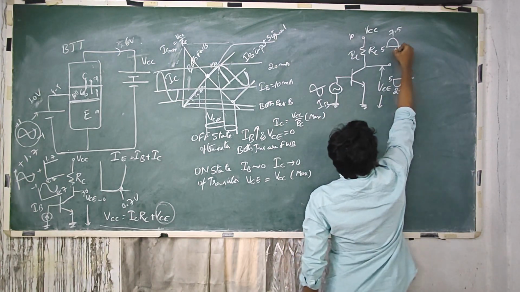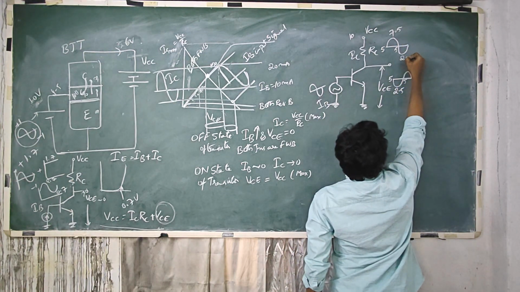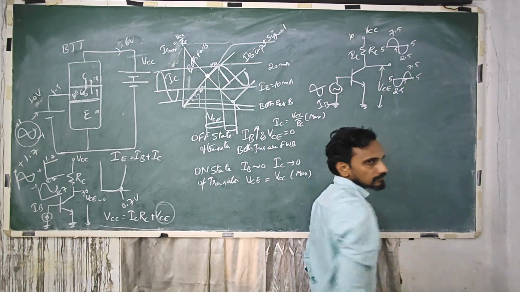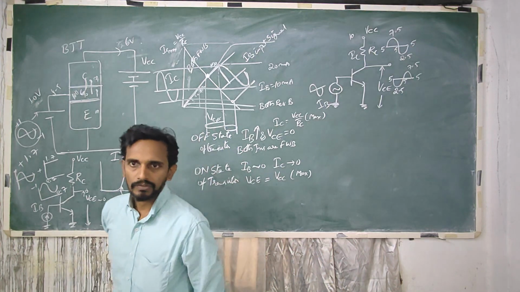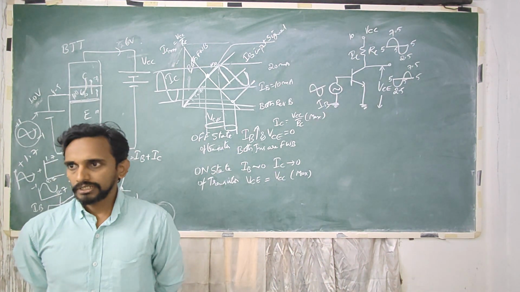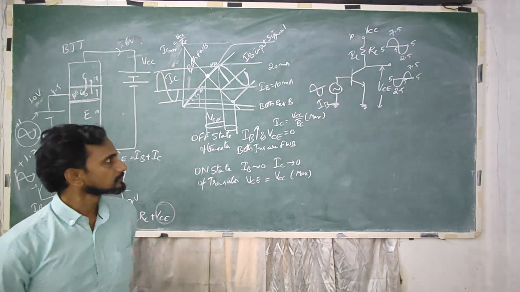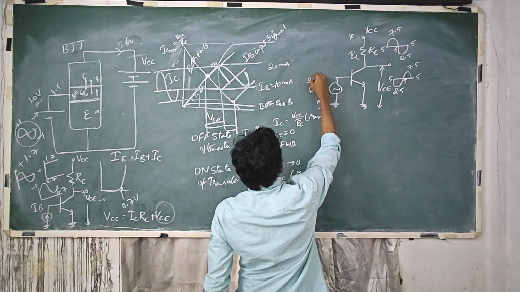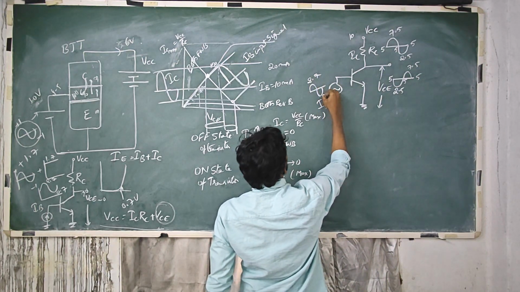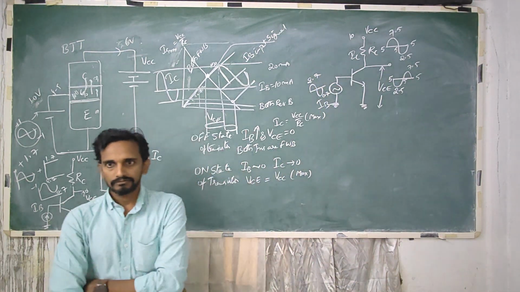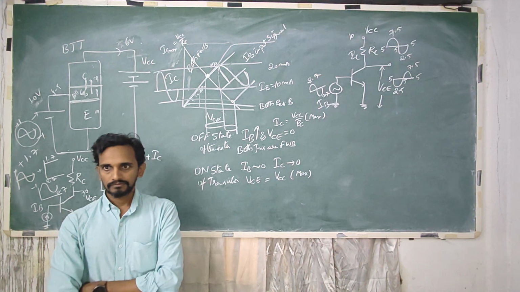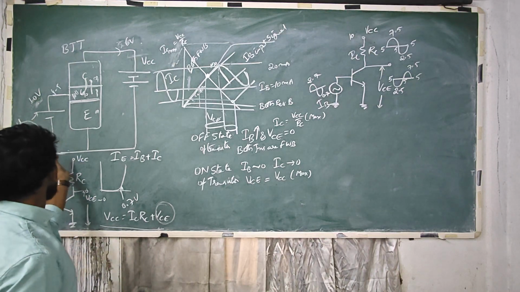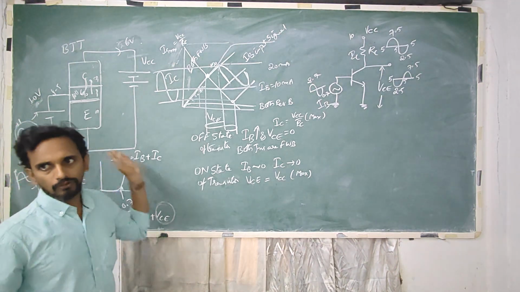Then 5, 5, then 2.5, 7.5. This is what you'll get at the output. And here this is 2.7, 0.7. That activity is called biasing, adding some DC voltage to keep the entire signal in the positive quadrant.